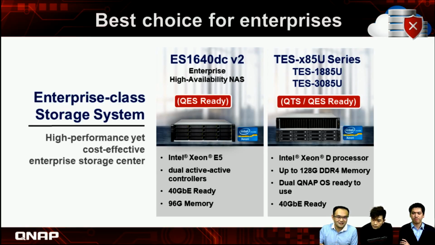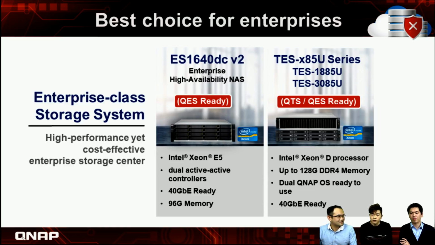For the TES-85 series, the 8080U is designed for all-flash, and the 1885U is the best solution for backup. All the models offer very high performance, are cost effective, and are good for enterprise storage usage, such as data integrity, data protection and data migration solutions.